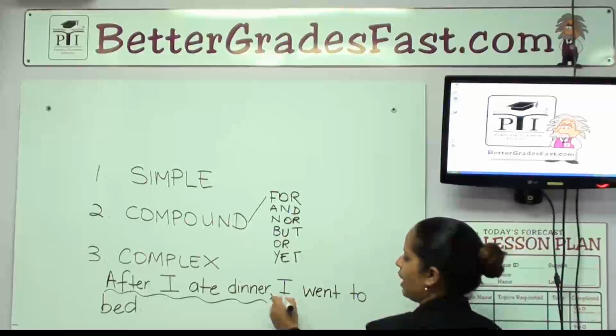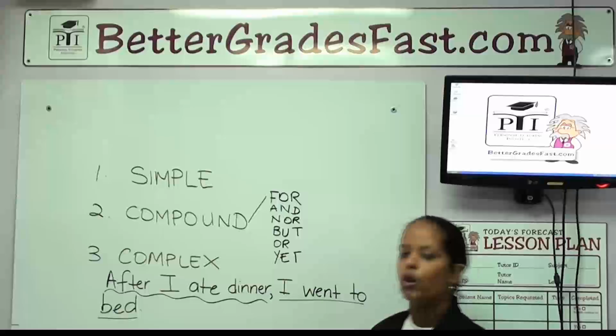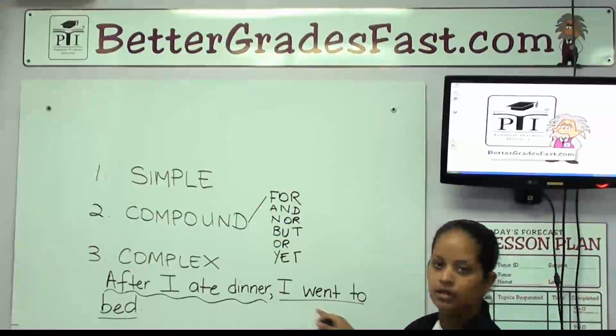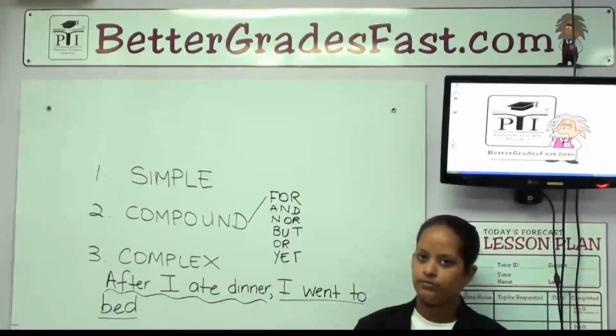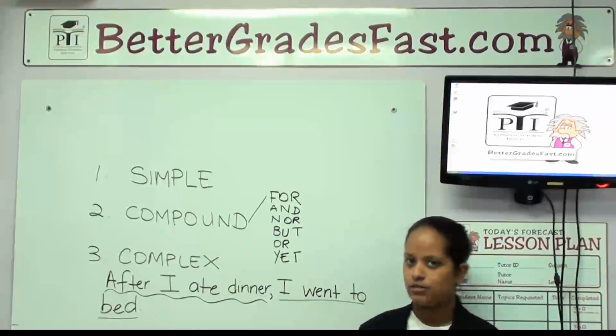We know that I went to bed is a main or an independent clause because it has a subject and a verb and it can stand on its own. Meaning you can say I went to bed, full stop, and it is grammatically correct.